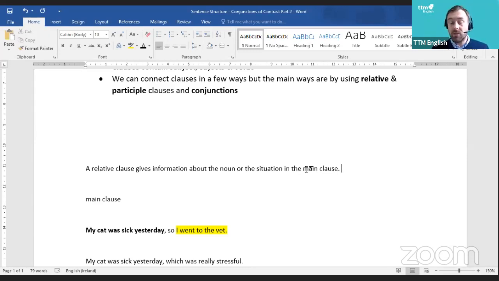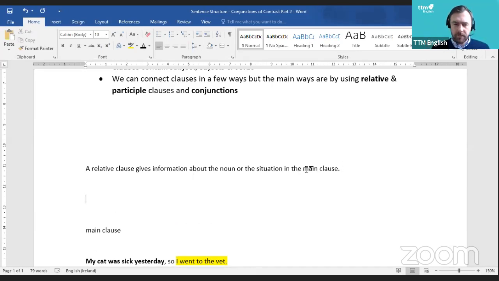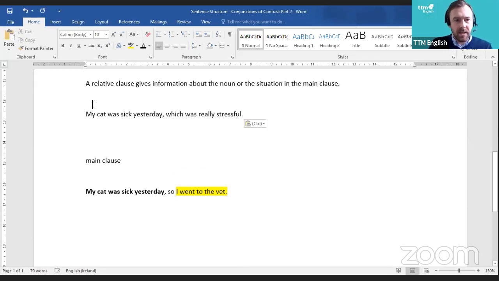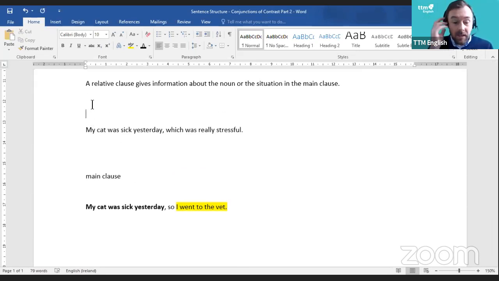And a relative clause just gives extra information about it. So that's the function of it. Okay, so if we look at this example here, we can take this example and put it there as our second example. And then I can give you my first example. My cat, who is only 8 weeks old, was sick yesterday.